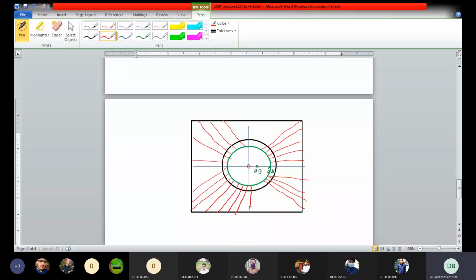If questions like this come in the exam, you can plot the ROC very easily this way. Right, so you can write this is the Z plane, and this is your Fourier transform DTFT on this unit circle.